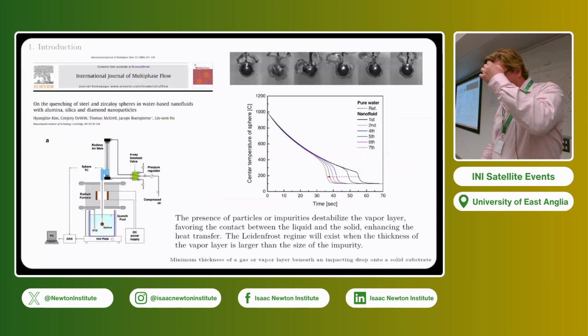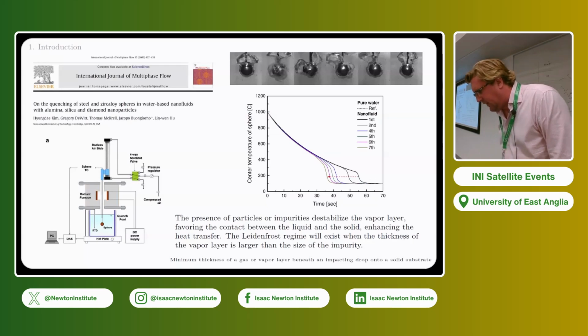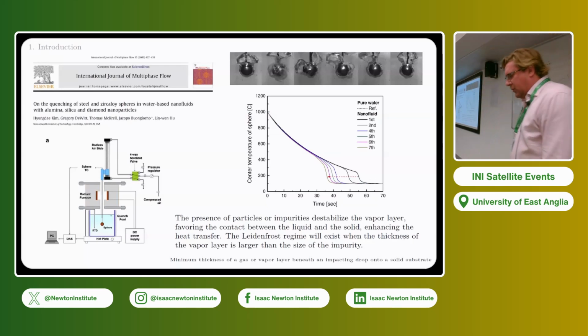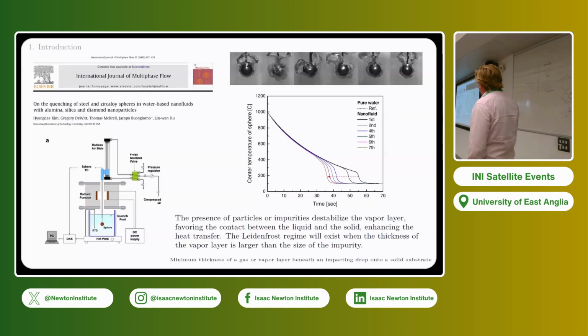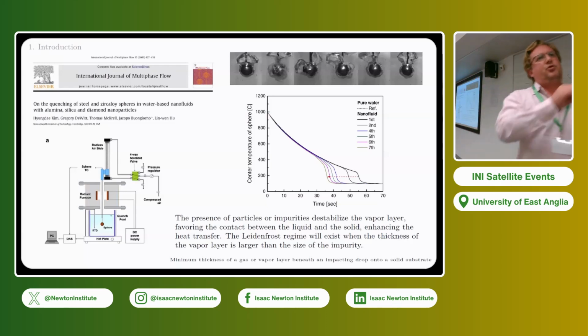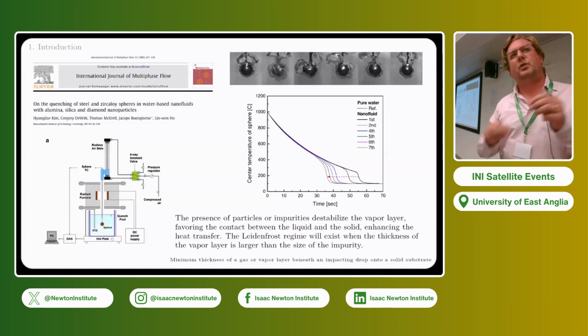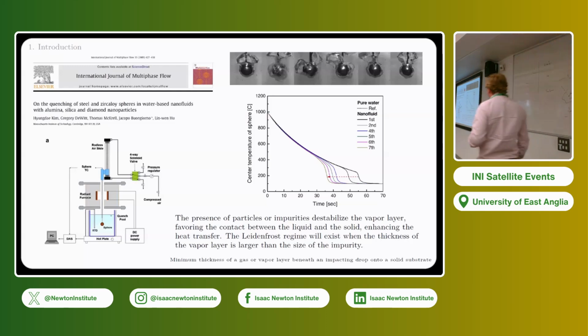After that, I rapidly expose results from Kim. So he used a sphere, heated at 1000 degrees, put it in the liquid, and measured the evolution of the temperature in the sphere as a function of time, and observed this cooling phenomenon.